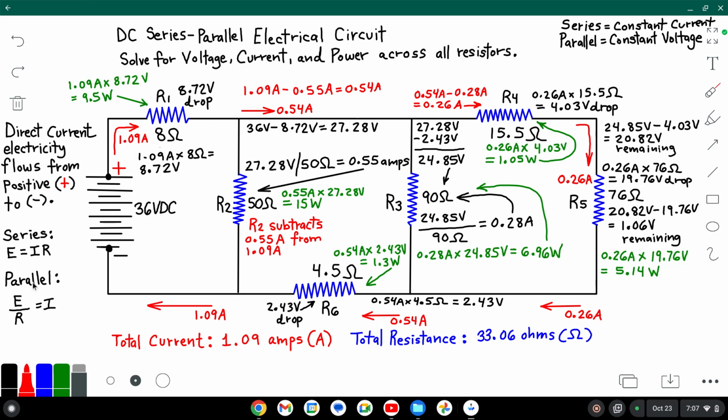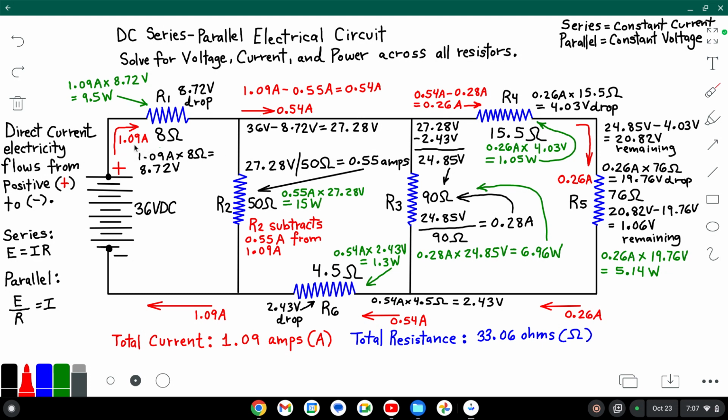When we're dealing with a parallel circuit such as R2, we now divide the voltage by the resistance to compute the current draw, or the current extracted at R2. So that is equal to 27.28 volts divided by 50 ohms. 0.55 amps are extracted at resistor 2.